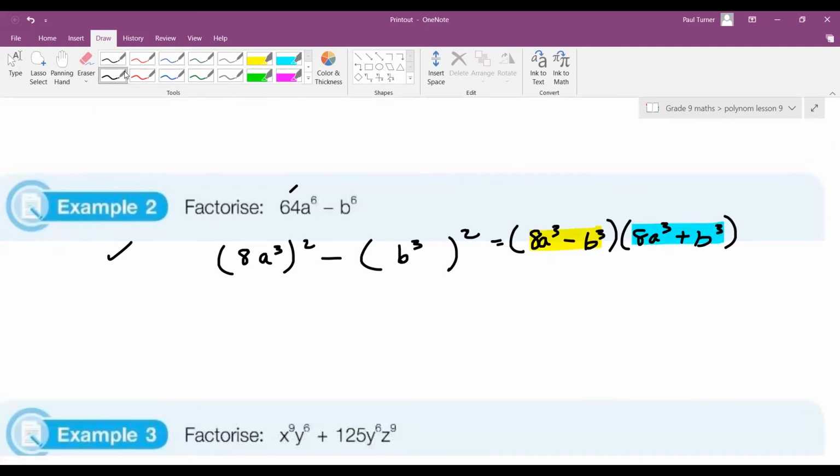It's a little bit longer, but you actually get better factors. 8a cubed minus b cubed, that would be 2a cubed minus b cubed for the yellow bit.